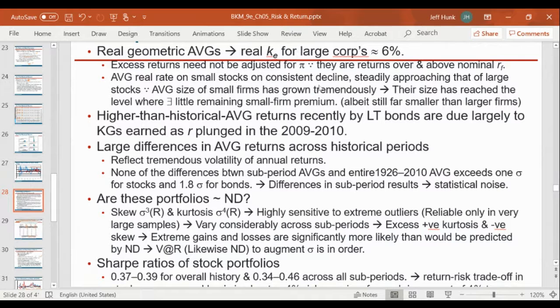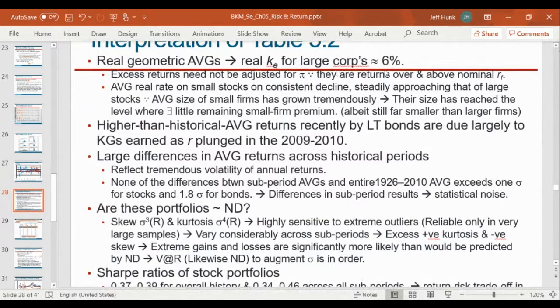So the real geometric average, right? Real return, real cost of equity for large corporations, right? Large cap has been about 6%. Excess returns need not be adjusted for inflation. We found real returns from nominal returns by adjusting for inflation, right?